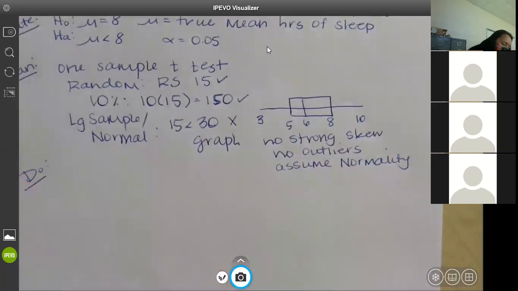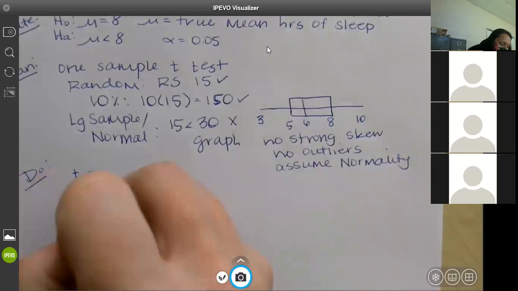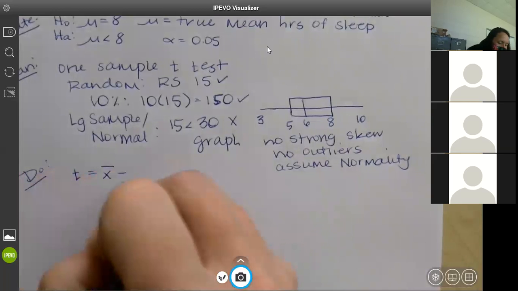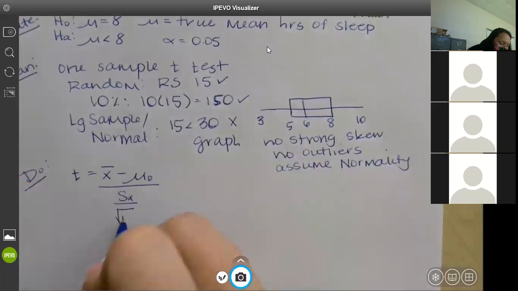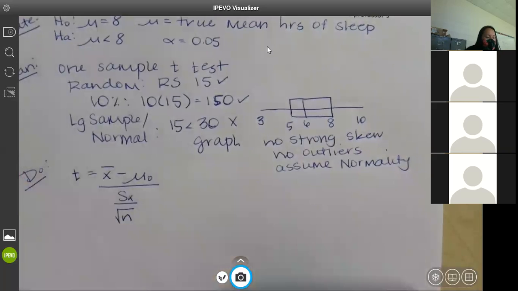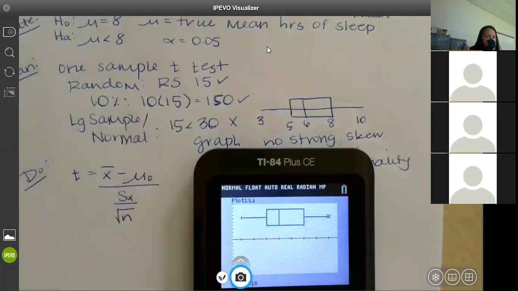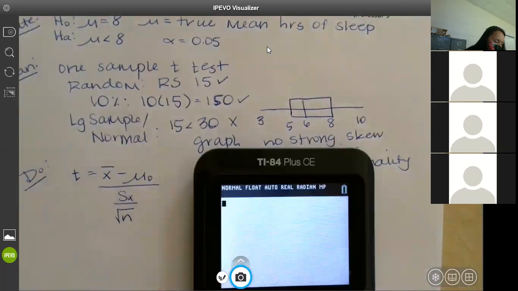On the do part, we're going to find our test statistic or our t value. Remember, I have my data in so I can find x bar and s sub x. How do I do that? Stat, calc, 1-var stats. Perfect.